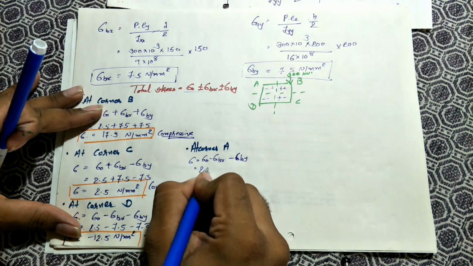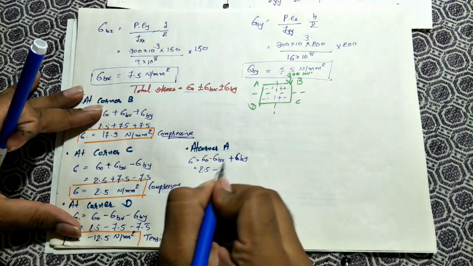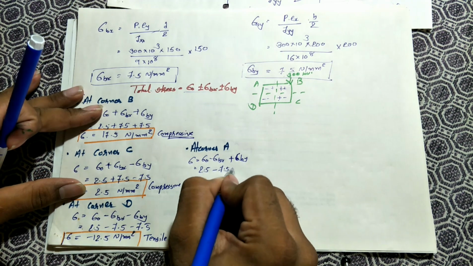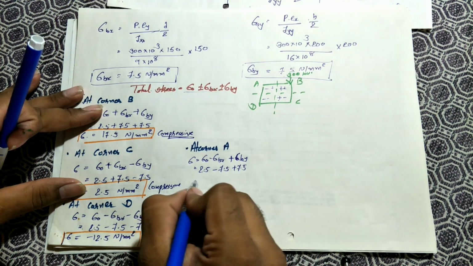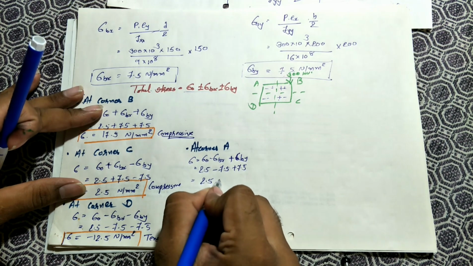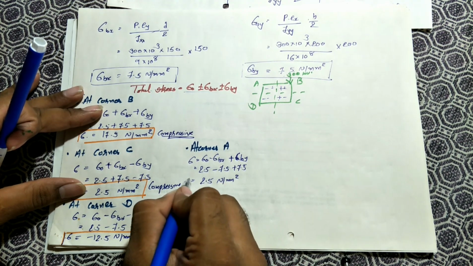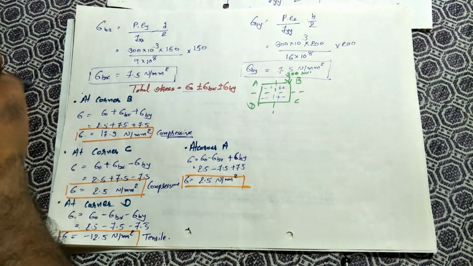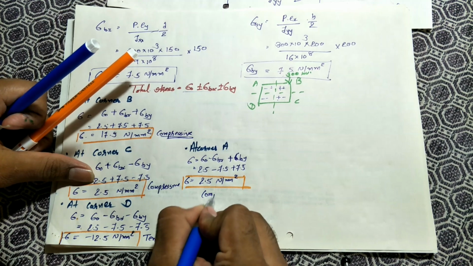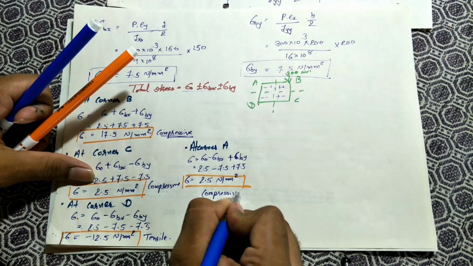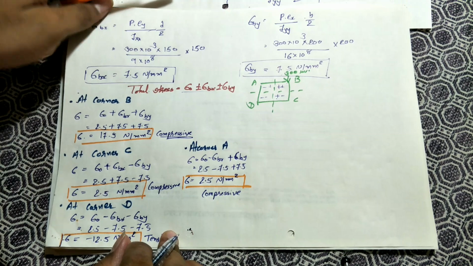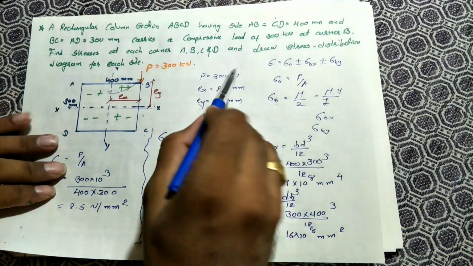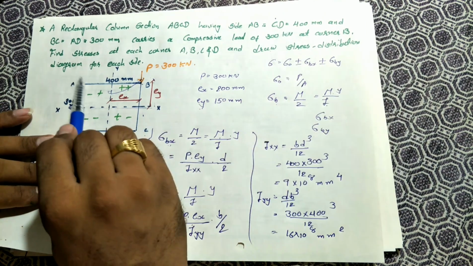So this is minus 2.5 minus 7.5 plus 7.5. So this answer will be 2.5 Newton per mm square. So this is again a compressive value. Done.